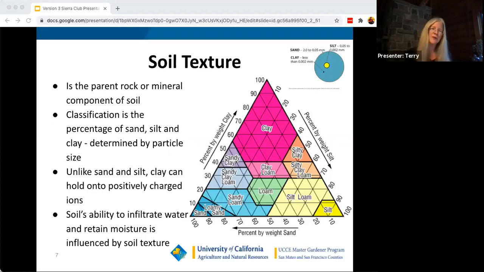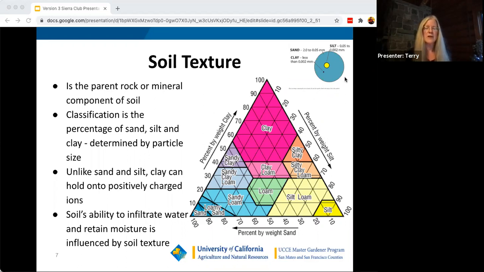I'm sure you've all heard of soil texture, and I think there can be a lot of confusion between the word texture and structure. Soil texture just refers to the parent rock or mineral component of your soil, the sand, silt, and clay component of your soil. And it's really just a measure of the particle size.